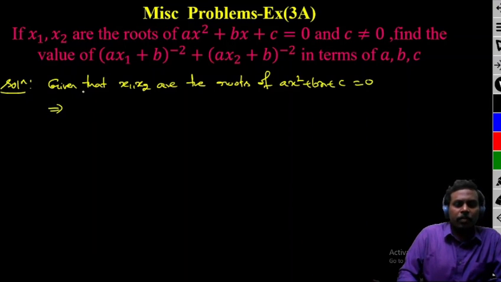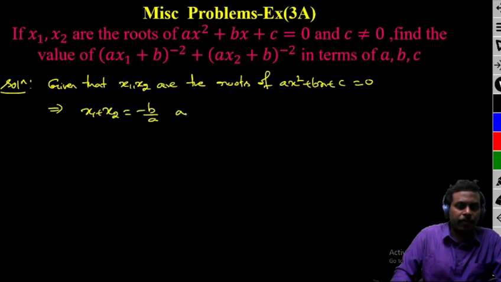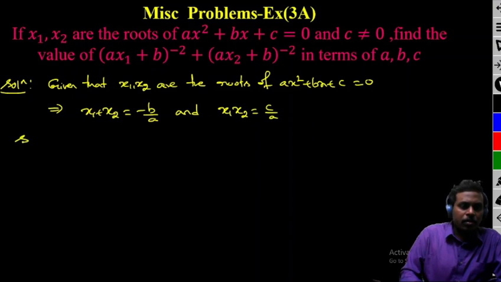This immediately implies, we have seen the relations between roots and the coefficients of a quadratic equation. Let us write down that x1 plus x2 is equal to minus b by a, and x1 x2 is equal to c by a.